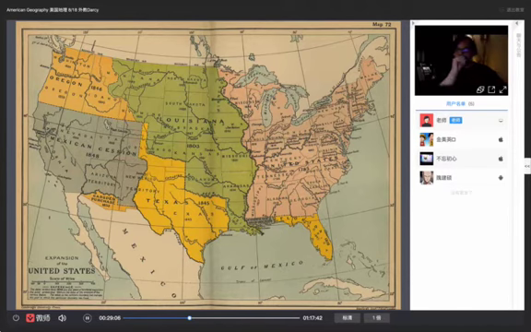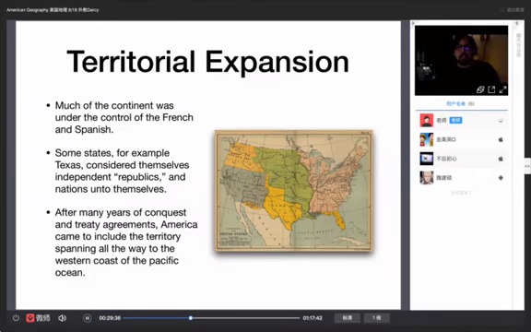So we can see here the pink, which is what used to be the first United States territory. And then this green was the Louisiana, which was controlled by the French. And then the yellow and the gray, which were controlled by the Spanish, were either taken by conquest or through diplomacy into the United States.